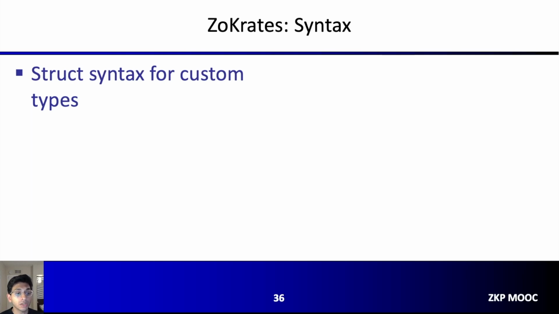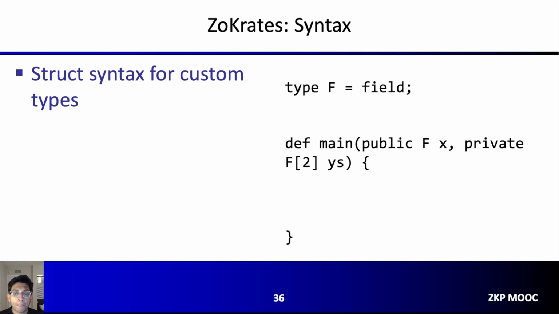So ZoKrates supports many popular features of languages such as custom types. You can define a custom type as a struct or as a type alias, right? And then every ZoKrates program has a main entry point called the main function.